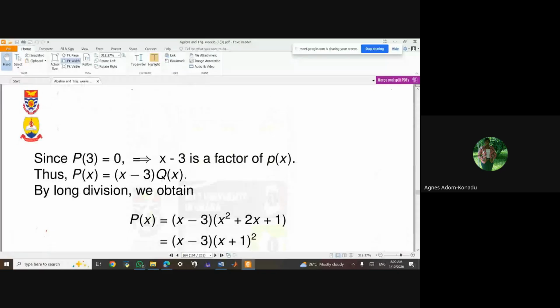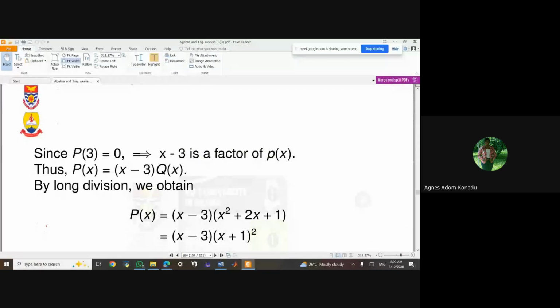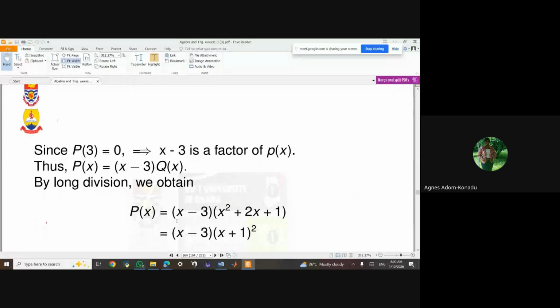x minus 3. When you use the long division, your quotient will be x squared plus 2x plus 1. So the function will be the divisor times the quotient, and it will leave no remainder since it's a factor.